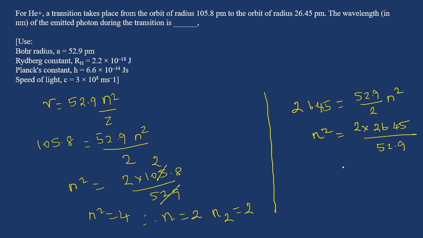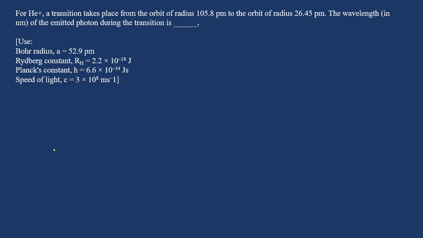On multiplying 2 and 26.45, I am getting 52.9 divided by 52.9. On cancelling this, I will be getting 1. Therefore, n square equal to 1 and then the n value will be 1. I am labeling this as n1 equal to 1. Now we have arrived that the transition takes place from the second orbit to the first orbit.